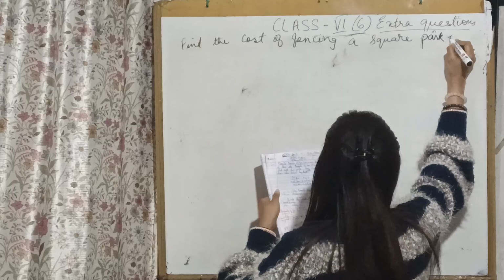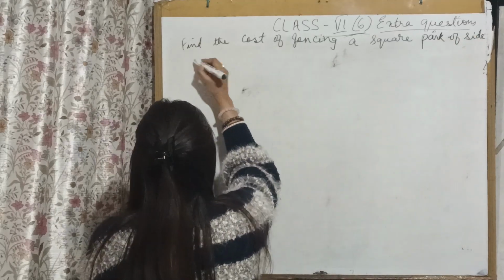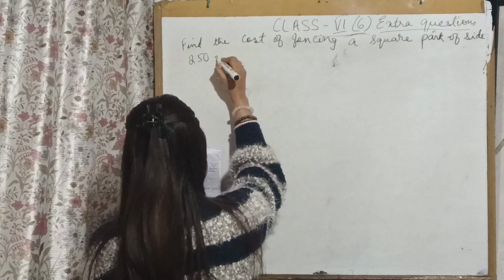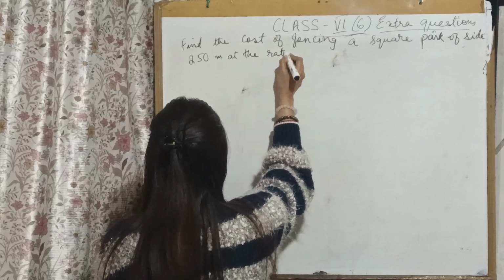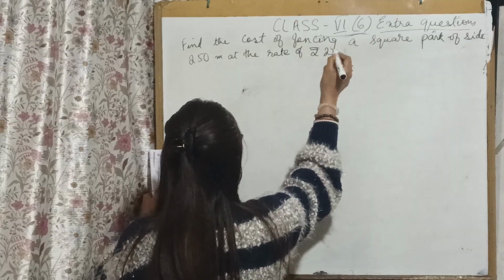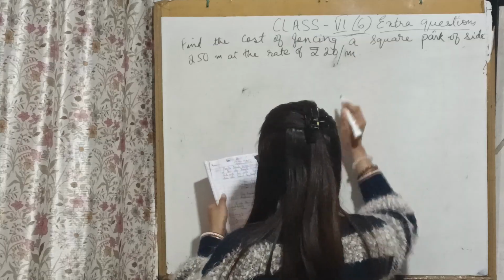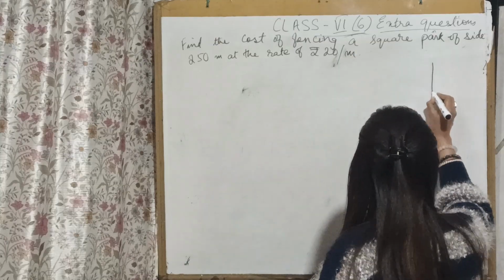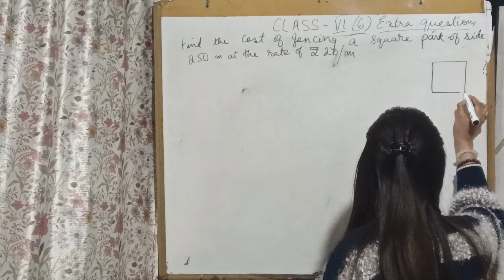park of side 250 meter at the rate of rupees 20 per meter. So fencing, suppose this is a park which is in the shape of a square.